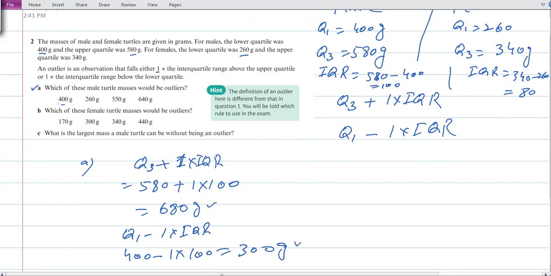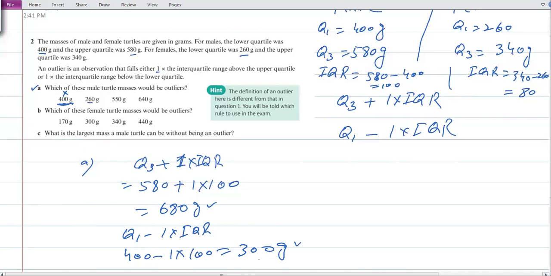Okay, so what about this one? Will it be an outlier? No, it is not greater than this one and not less than this one, so it is not an outlier. Then 260.